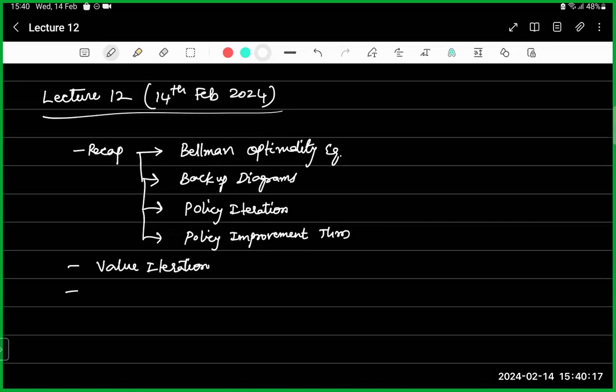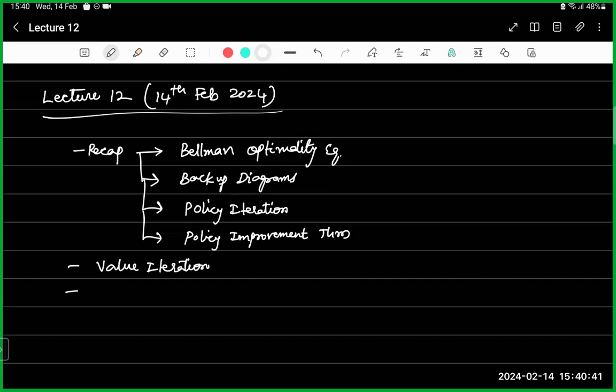We just said that you can write the Bellman expectation equation, write it in Ax equal to B form, and find the value of the policy by taking the inverse of some matrix. But taking the inverse is a complex operation when there are too many states and actions.